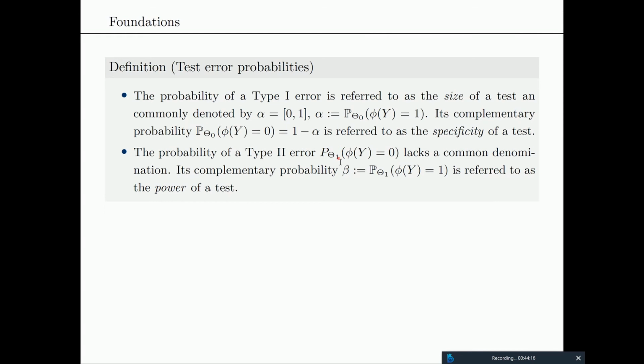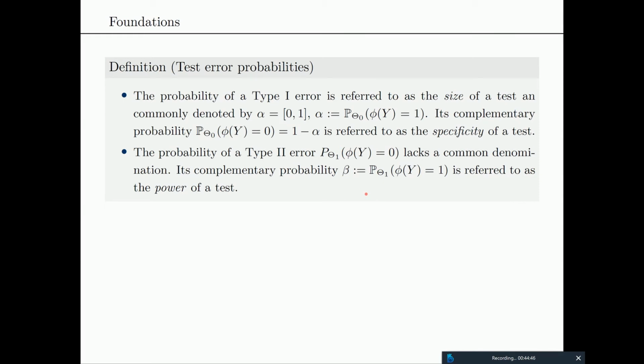Then there is the probability of a type 2 error. This is the probability to not reject the null hypothesis if the alternative hypothesis in fact holds. That probability actually doesn't have a name, but its complementary probability, namely the probability to reject the null hypothesis if the alternative hypothesis holds, so a good thing, and not an error, is called power.